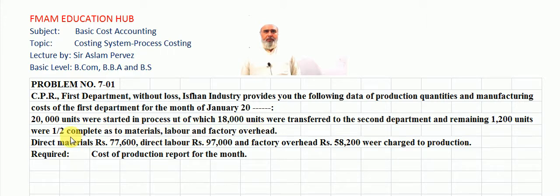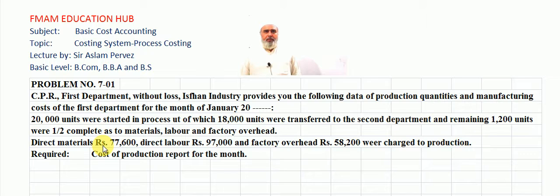It means that 50% of the units in the form of material, labor and FOH are completed. One half means the degree of completion of the work, which is work in process ending inventory.